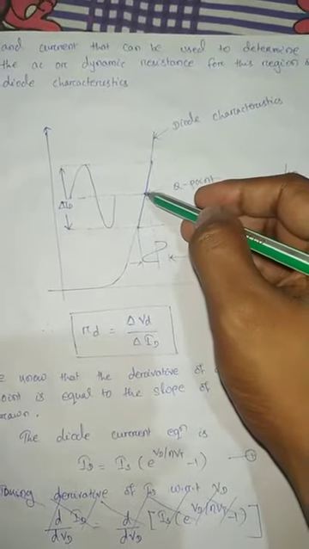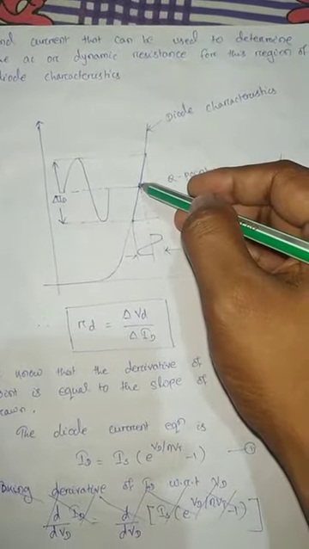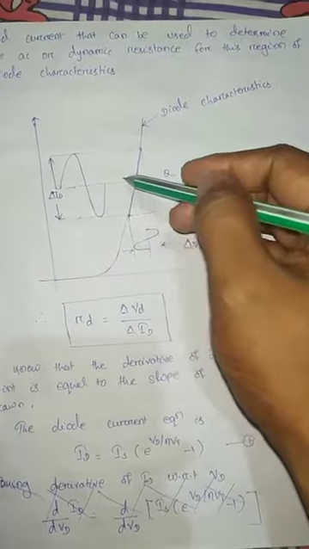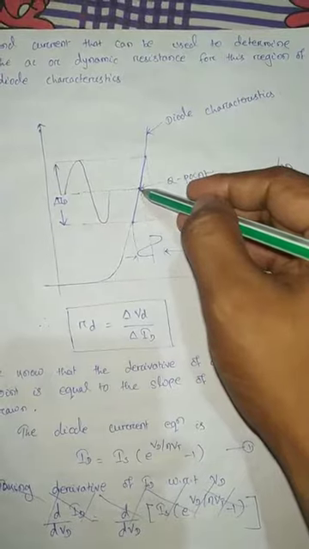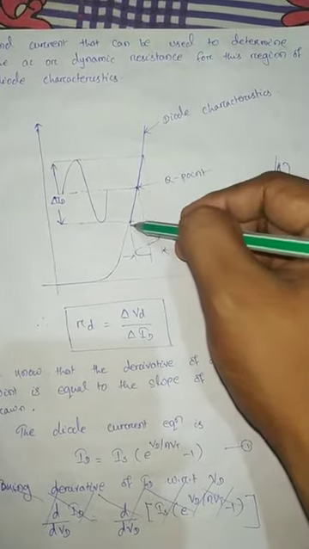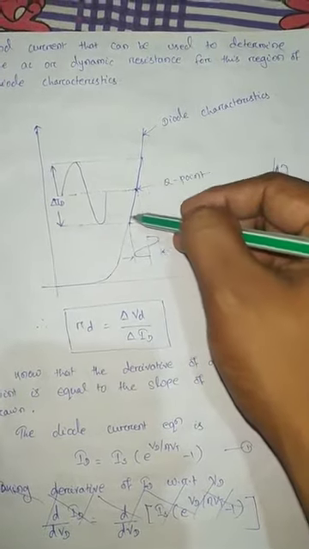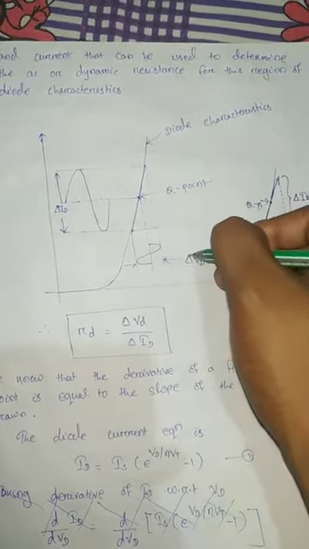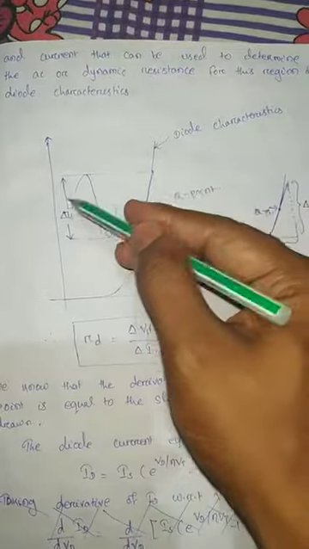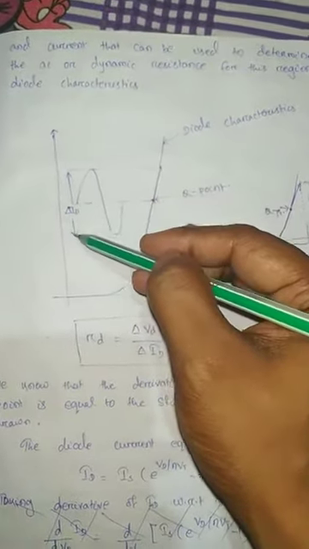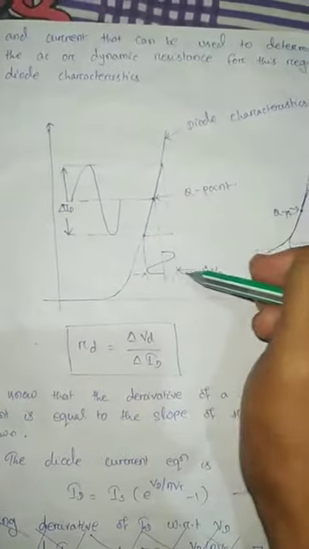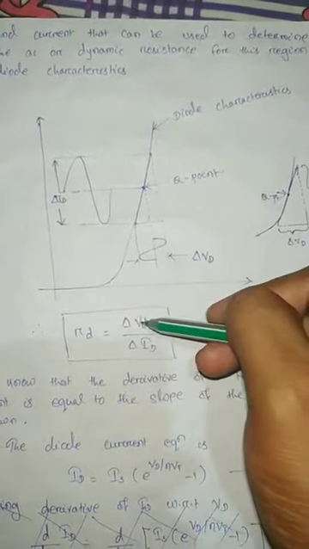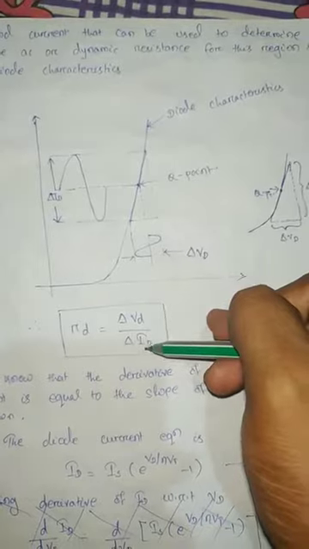First determine the Q point before applying the variable voltage. Then through this Q point, draw a tangent. Using this tangent, we find the difference in voltage level delta Vd and the resulting difference in current level delta Id. Using delta Vd and delta Id, we obtain the dynamic resistance Rd equal to delta Vd divided by delta Id.